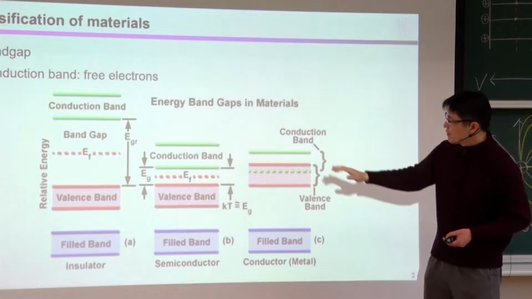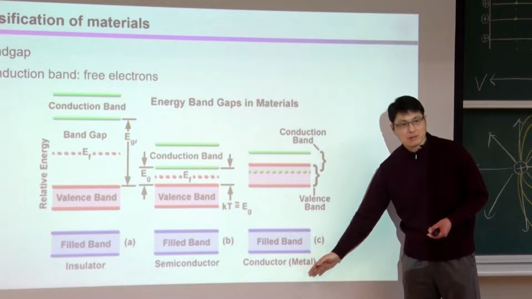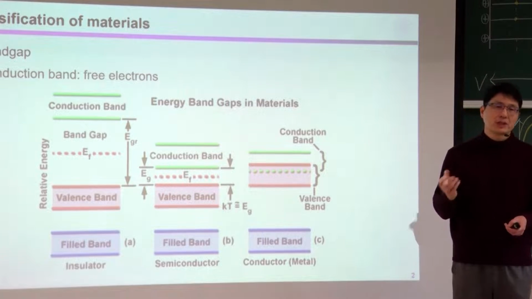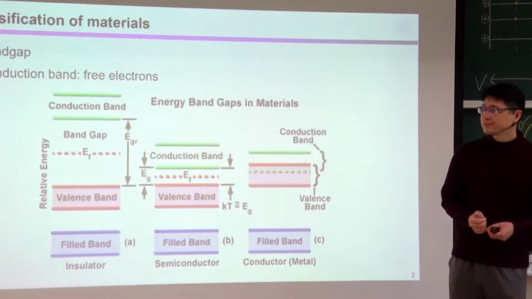For those materials, we call them conductors. Metals are likely good conductors, right? So the materials that can conduct current are called conductors.